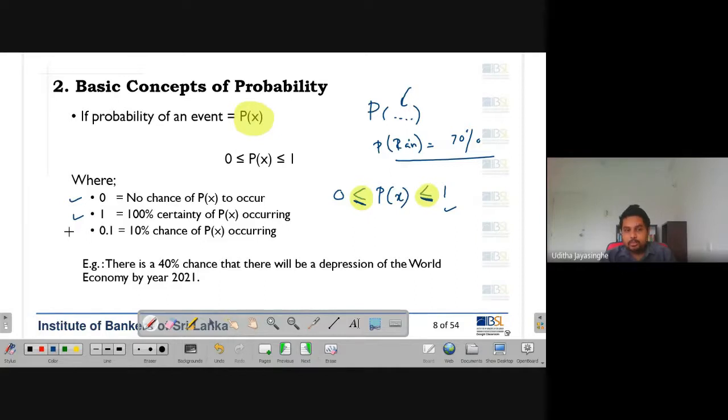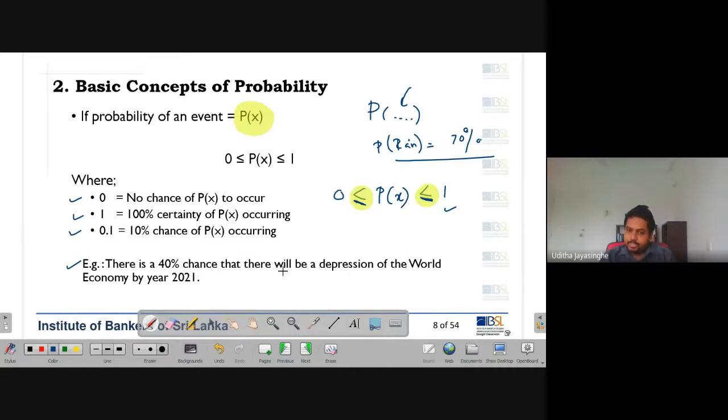And something like 0.1, or 1 divided by 10, or 10%, that is a classic number for this particular P(x). A good example: there is a 40% chance that there will be a depression of the world economy by year 2021. 40% chance, that's the probability.